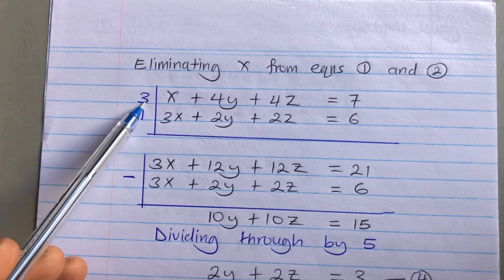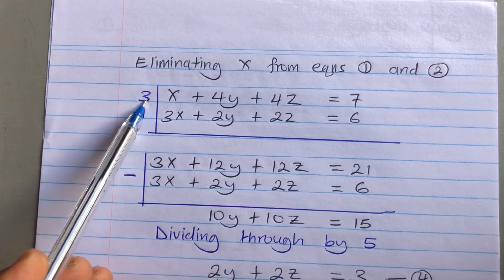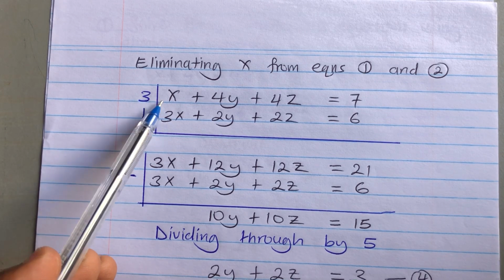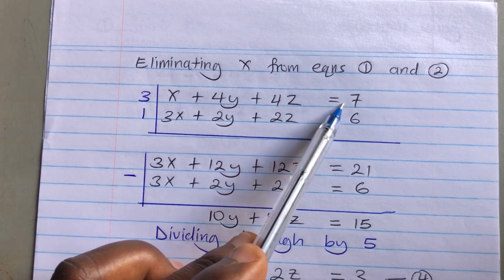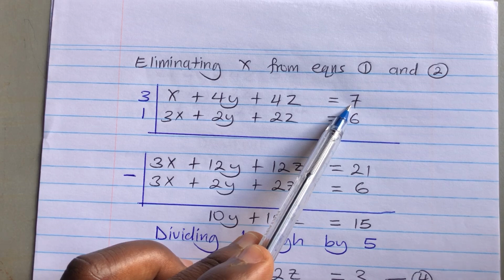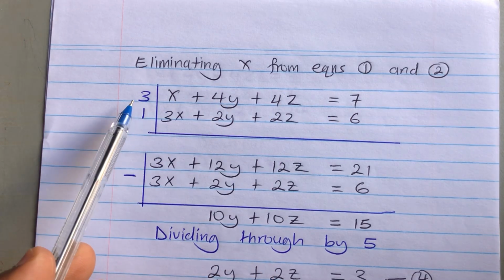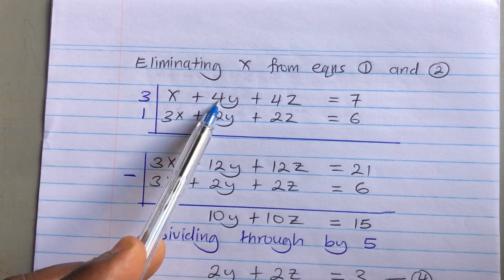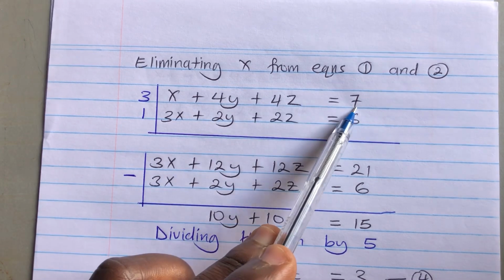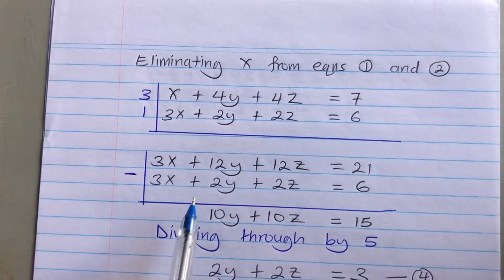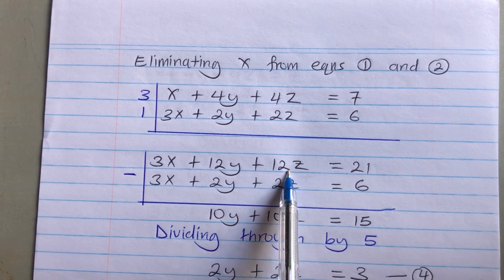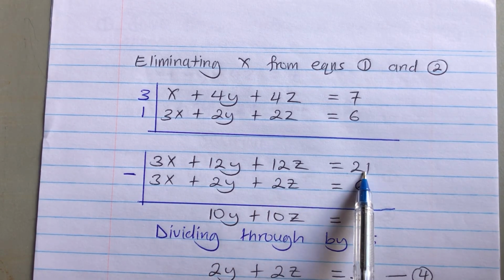And these constants that we are interchanging, all the coefficients we are interchanging must multiply through all the terms in a given equation. That is to say, the 3 will multiply x, 4y, 4z, and 7 to get 3x plus 12y plus 12z equaling 21.